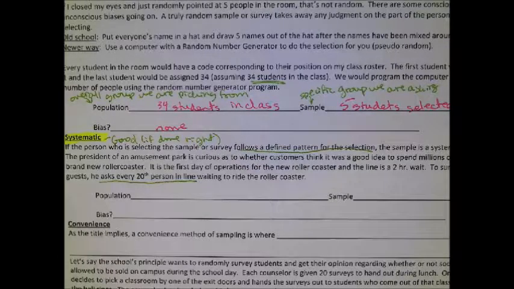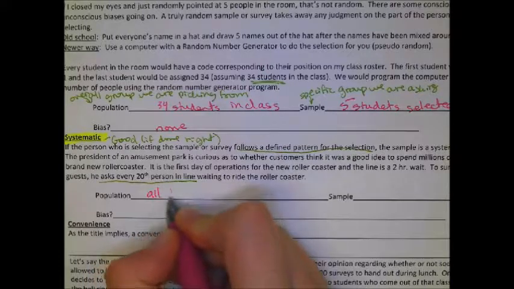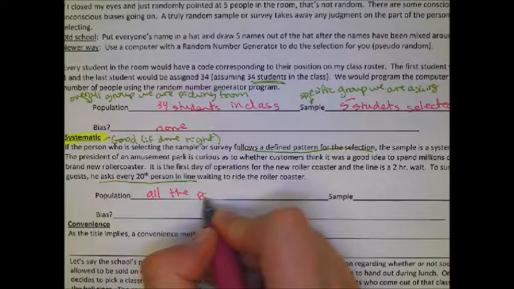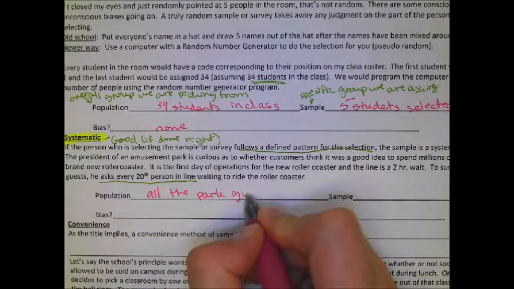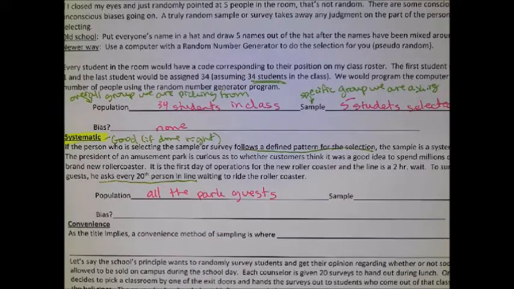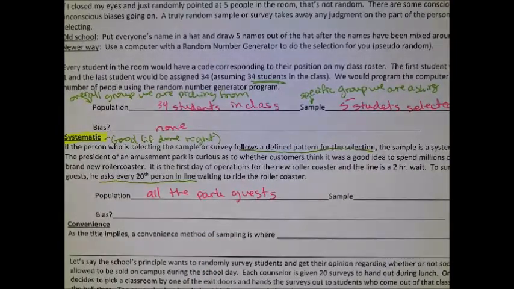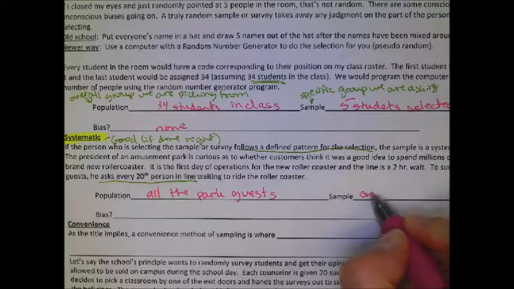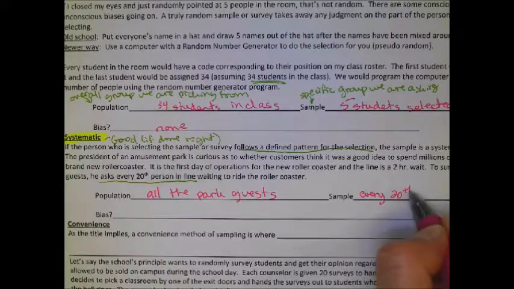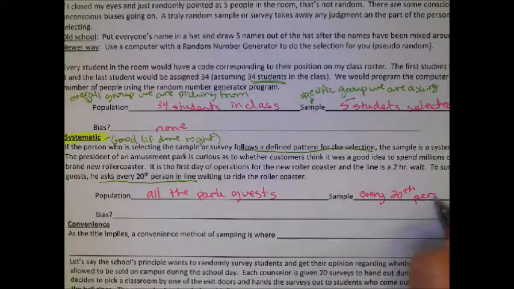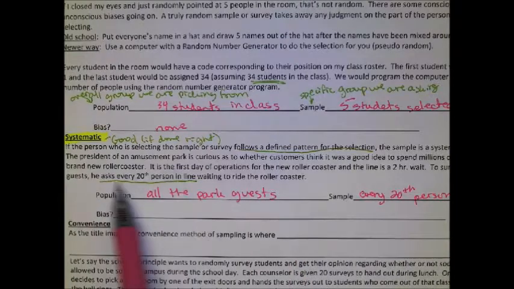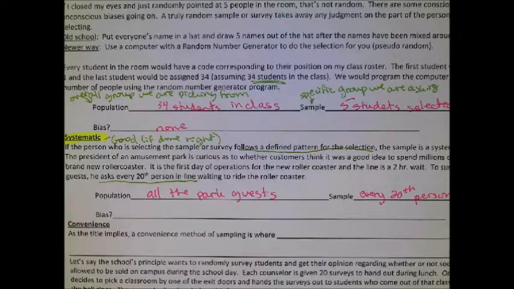For population, hopefully we got something like all the park guests. Our sample is every 20th person because that's who we're asking. We're asking every 20th person.